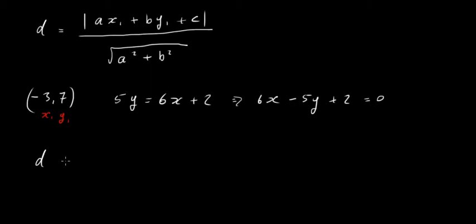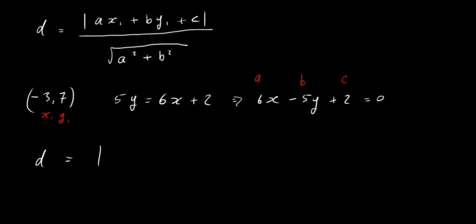Distance d then is going to be the modulus of, well, we want ax1, so remember a here is 6, our b here is -5, and our c here is 2. So I'll just write that in: 6 here is our a, -5 here is b, and plus 2 here is c.